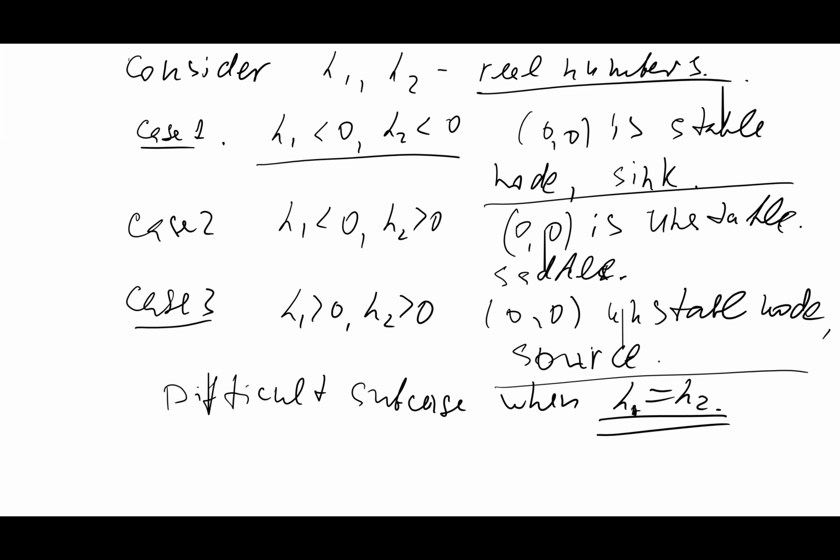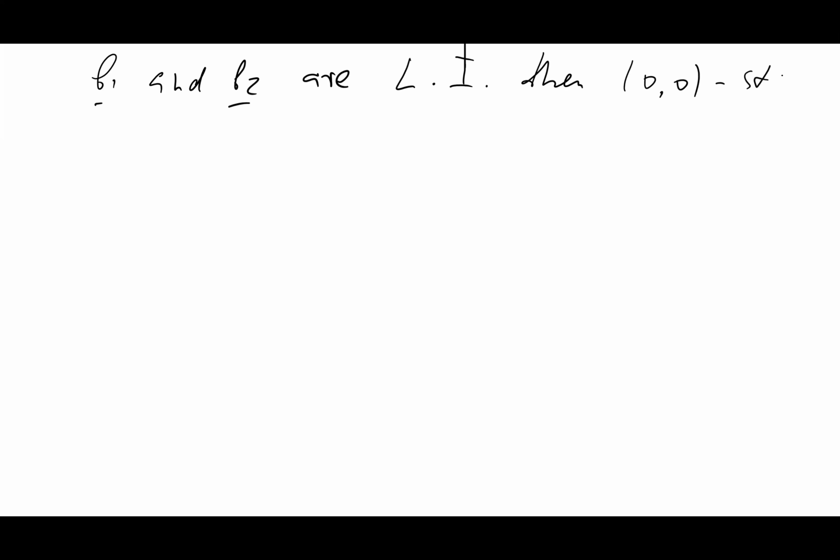Then there are two options. One option is when B1 and B2 are linearly independent. If B1 and B2 are linearly independent, then we have a case which is called a star. Then 0, 0 is called a star.